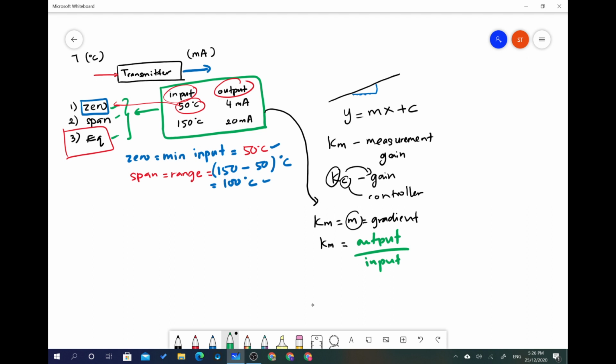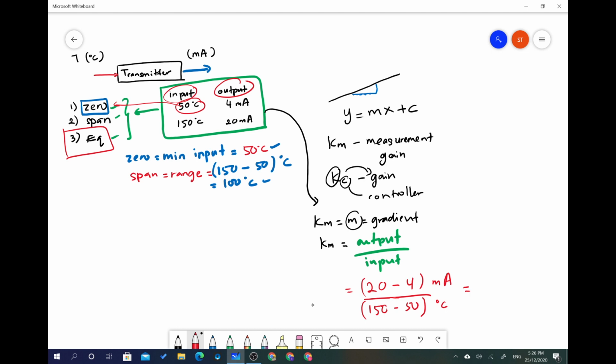So what we have here, maybe another color. I don't know why I keep on changing the color. For the output, just put 20 minus 4, divided by 150 minus 50. Don't forget the units, milliampere and degree C. So what do you get?